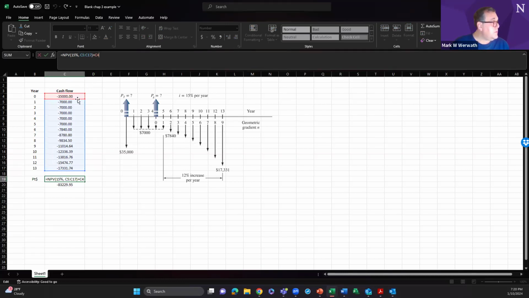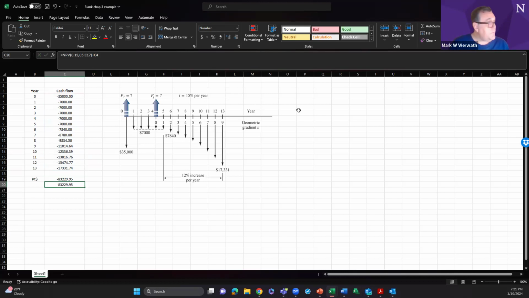But remembering there is a year zero of $35,000 negative that I need to add in. So after I close the parens, I'm going to add C4, and basically that's already a time zero entity, so I don't have to collapse that. It's already there. And what's the answer? The answer is, just as we said before, negative 83,229.95, right?